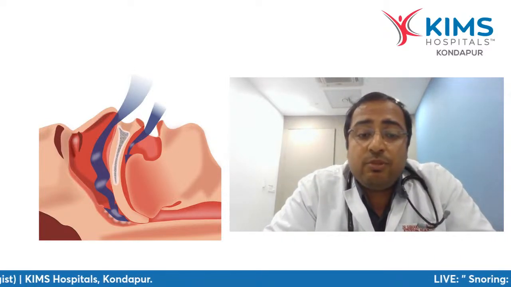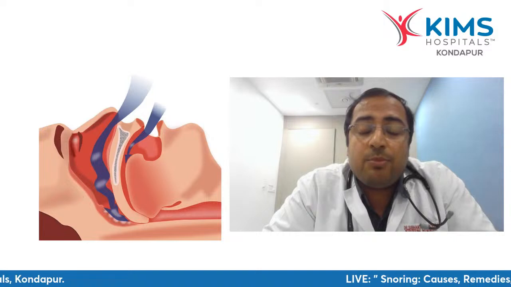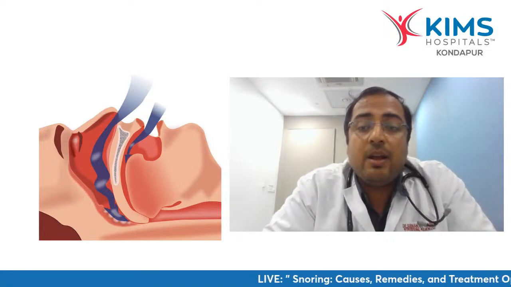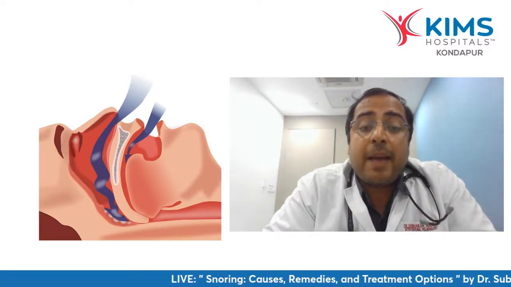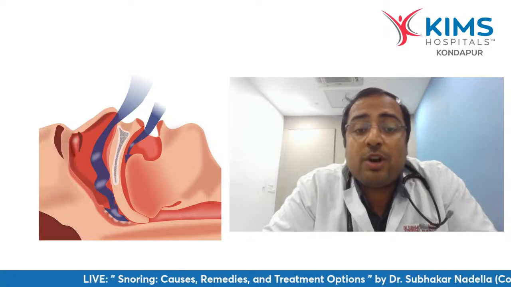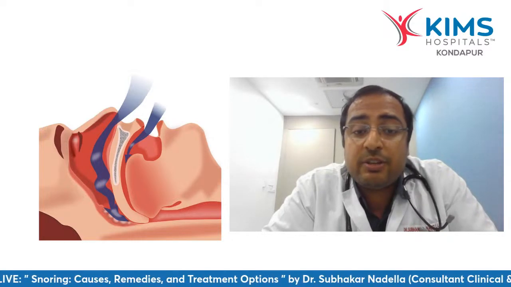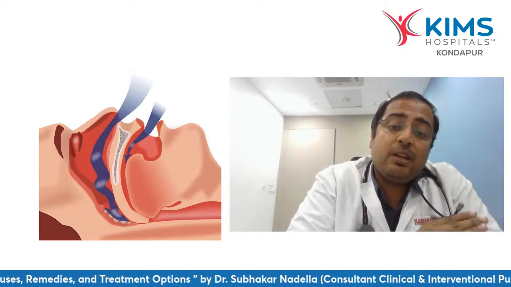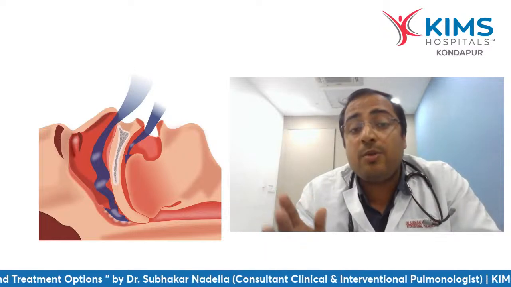Once the report comes, we will come to know, first, how many apnea hypopnea episodes are there. Second, what the AHI is. Third, whether obstructive apneas are there, or more central apneas, or mixed.